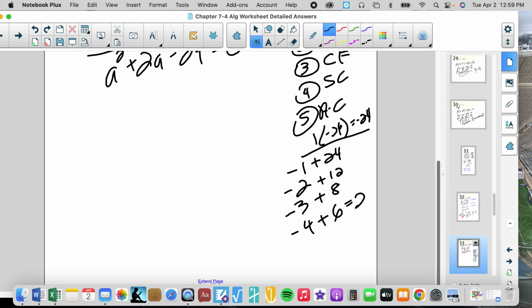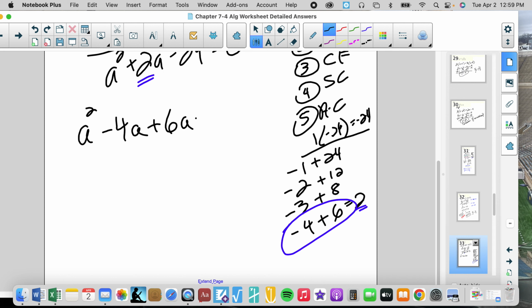So this is going to give me my positive 2. So I'm going to use this to split up my middles. I'm going to turn this trinomial into a polynomial. So I take that negative 4 and I take that positive 6, and then I just bring down my a squared and negative 24. Now I'm going to factor by grouping.